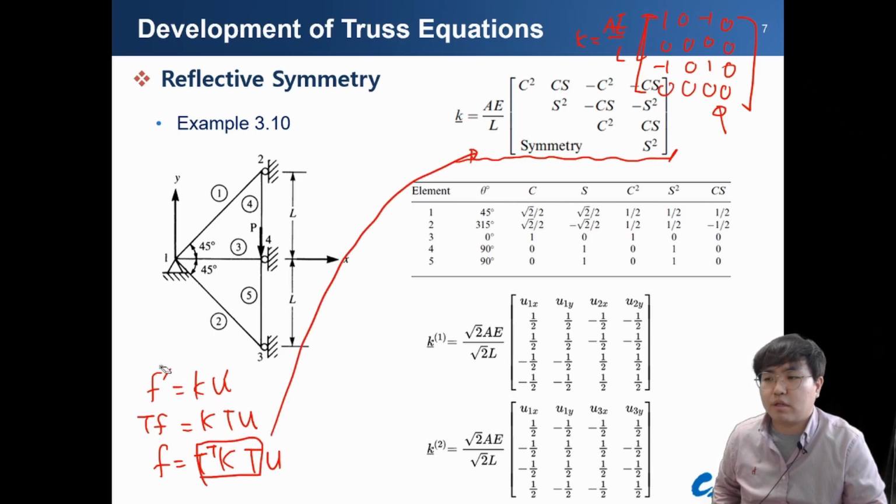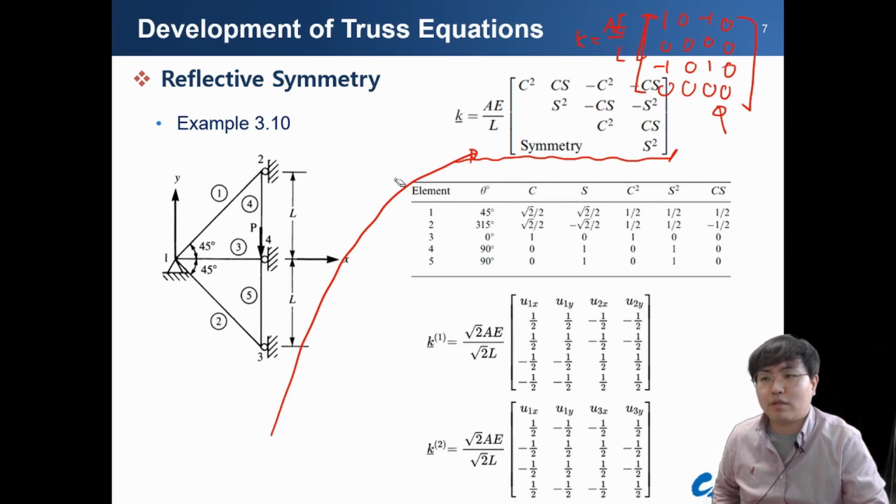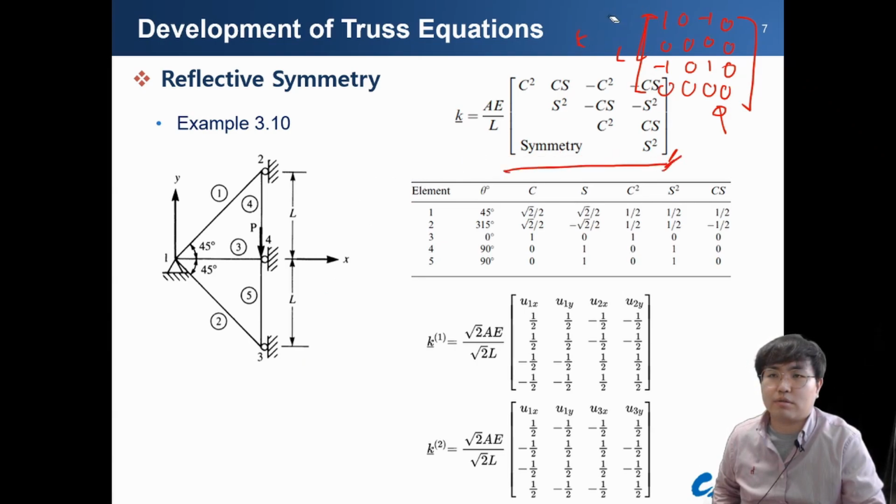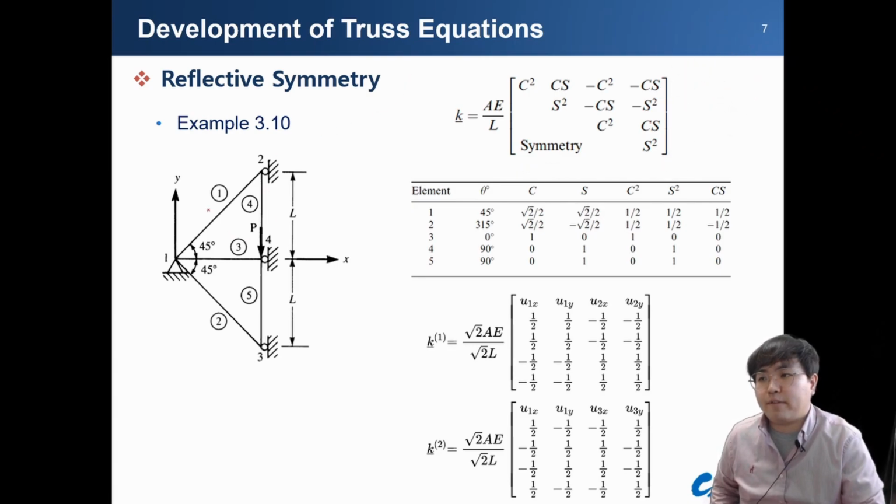To solve it, please memorize this equation, or how to derive this equation. So anyway, let's start. Let's check the first element.